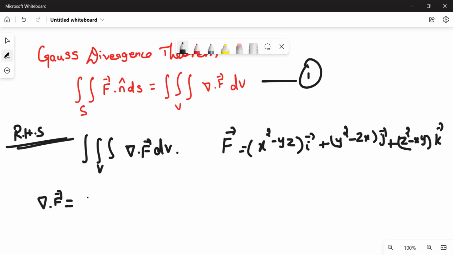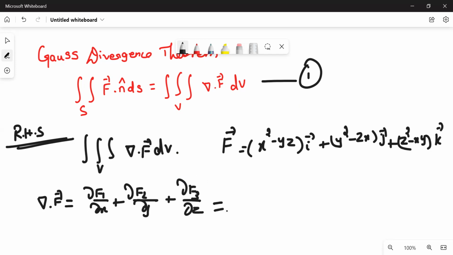What is del dot F? It is ∂f1/∂x + ∂f2/∂y + ∂f3/∂z. Del is an operator, i ∂/∂x + j ∂/∂y + k ∂/∂z. F is a vector f1 i + f2 j + f3 k. When you do the dot product, we end up with this.